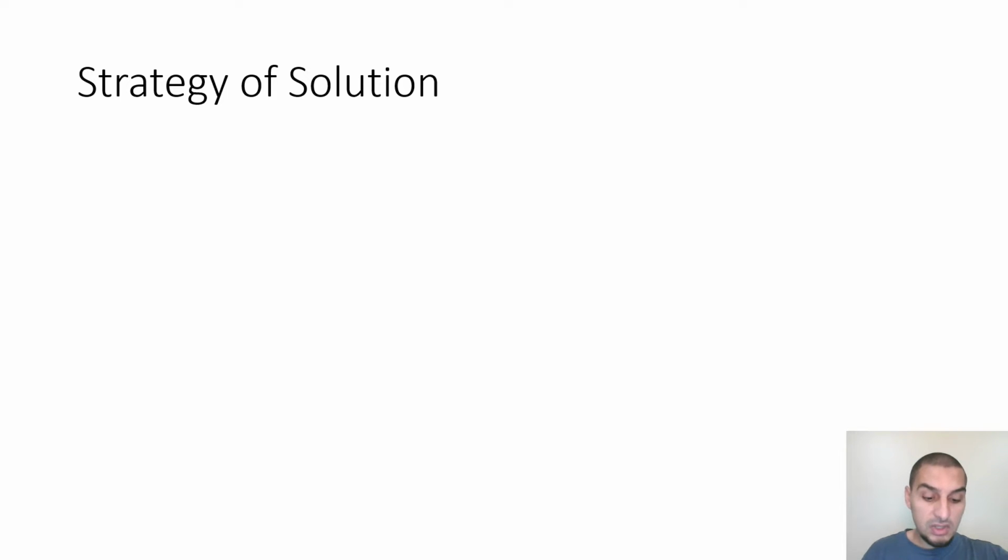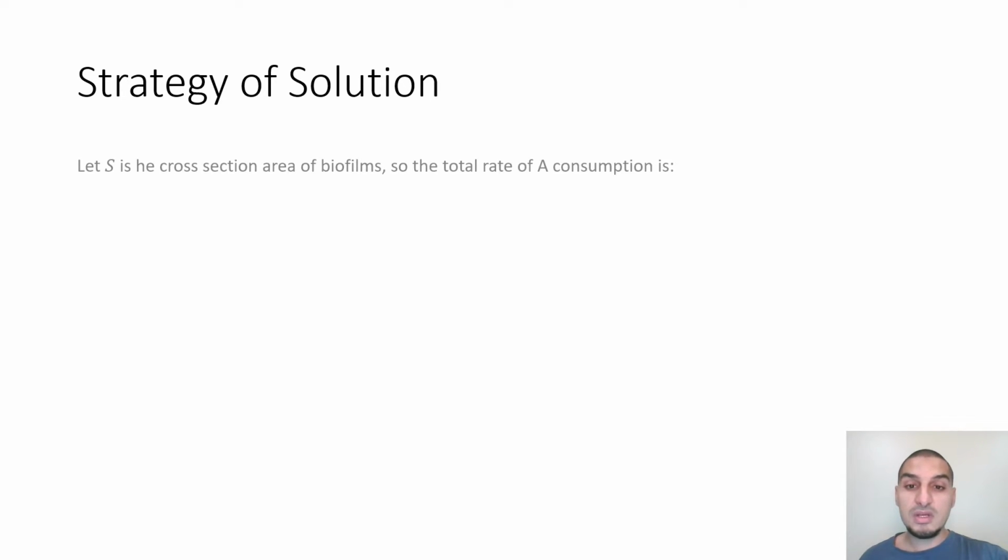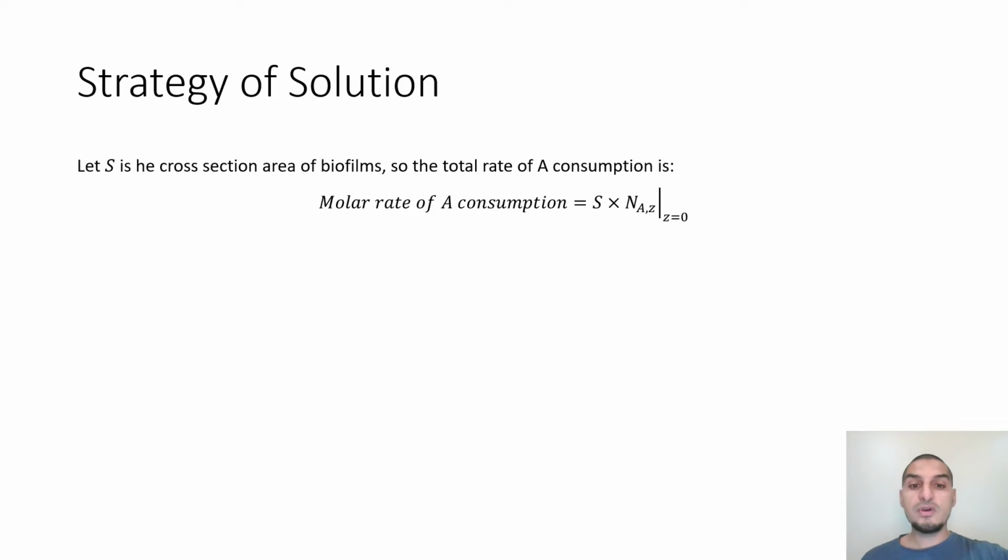The only equation where we talked about the area was the relation between the rate and the flux. We know that the rate equals the flux multiplied by the area, because flux is rate divided by cross-sectional area. This is the definition.